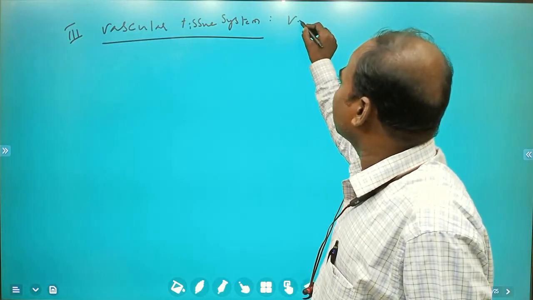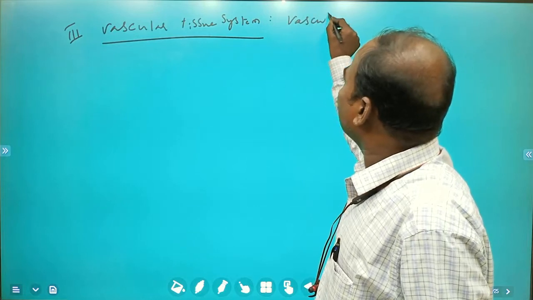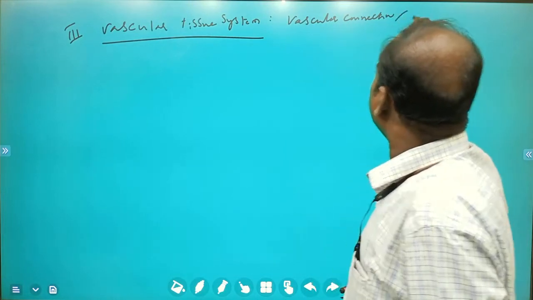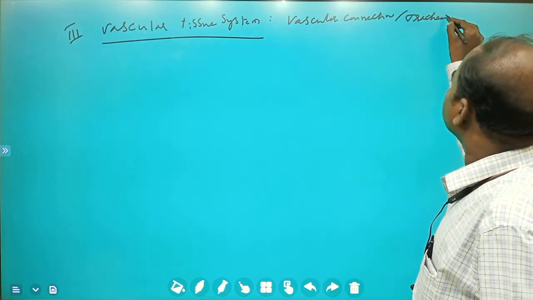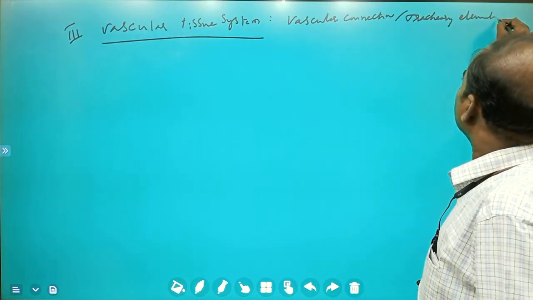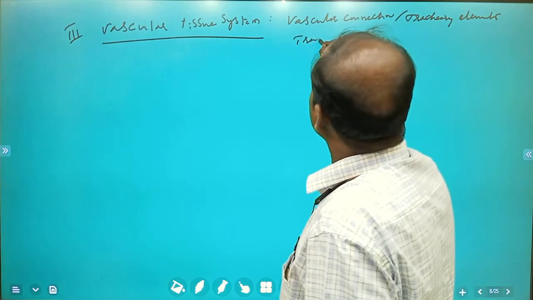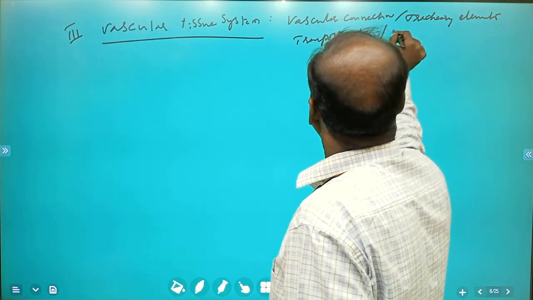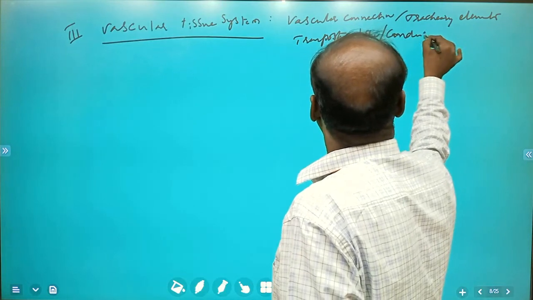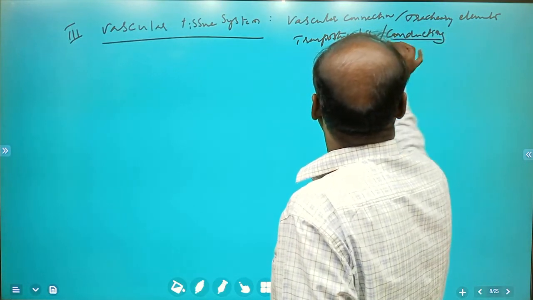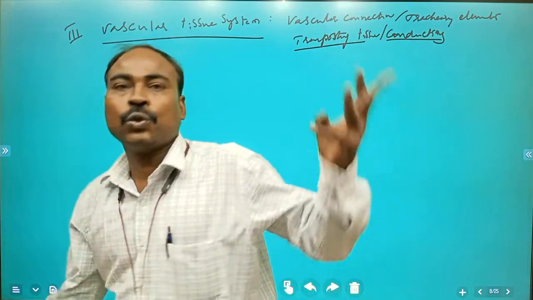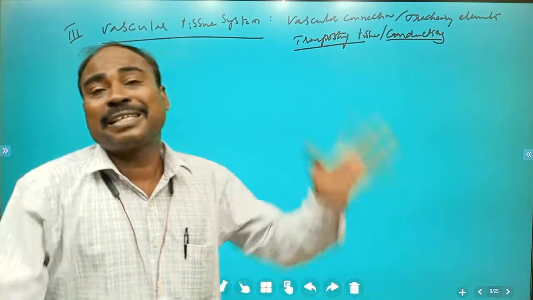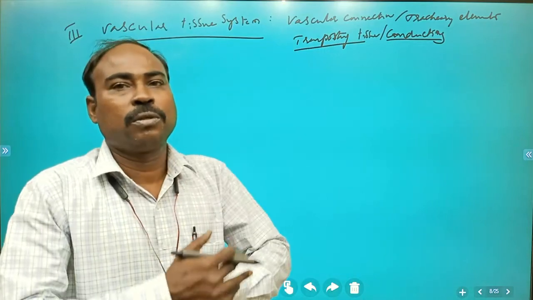They are otherwise called vascular connections or tracheary elements or transporting tissues or conducting tissue. So conducting tissue, transport elements, vascular connections, vascular bundles, these are all synonyms.